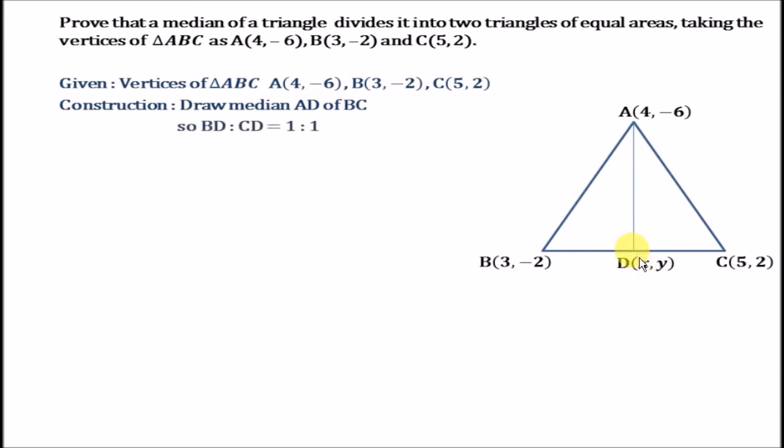Since D is the midpoint of BC, the ratio of BD to CD will be 1:1. That means we can use the midpoint formula of coordinates.